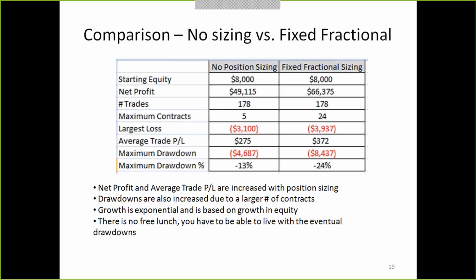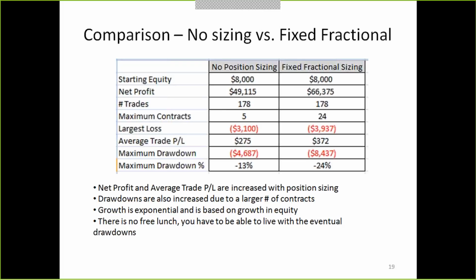But our average trade profit and loss for both winning and losing trades has grown by almost $100, which is a good thing. The drawdown also increases, and here it is a pretty substantial increase, both from a dollar and a percentage standpoint. So it is increasing quite a bit.